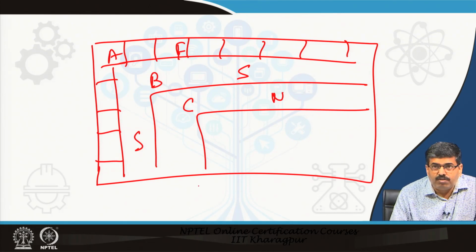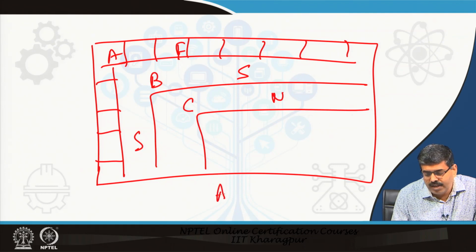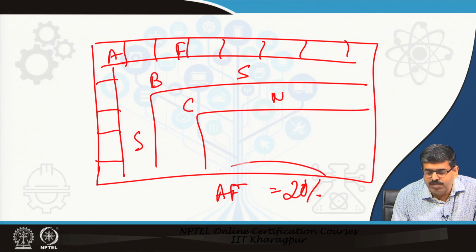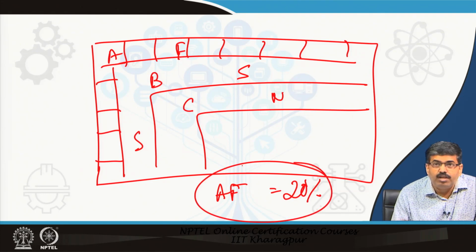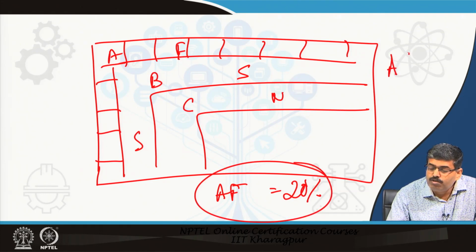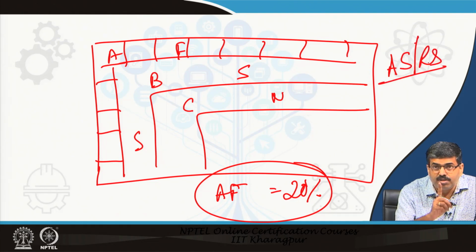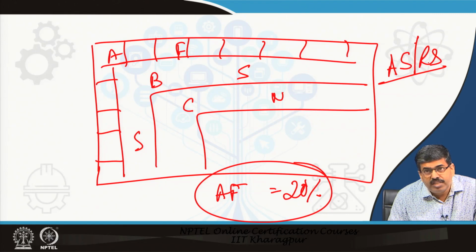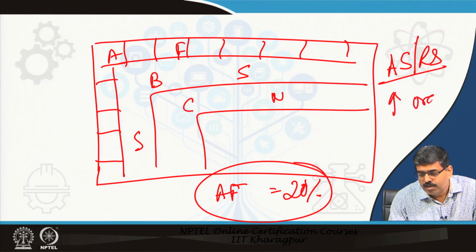Of your total warehouse, how much portion of your products falls under the category AF? If 20% of your products fall under the AF category, then you can think of putting 20% of your warehouse under an ASRS system. But what should we check? Is the cost of an ASRS system higher than ordinary?